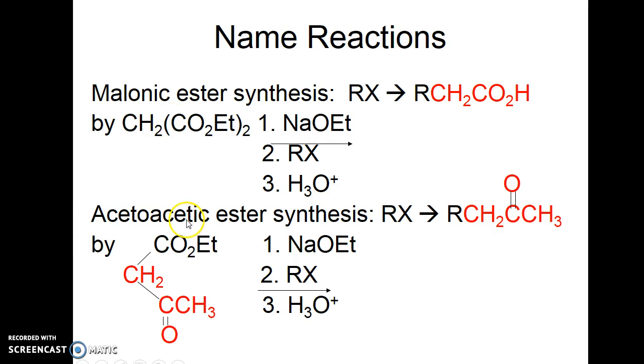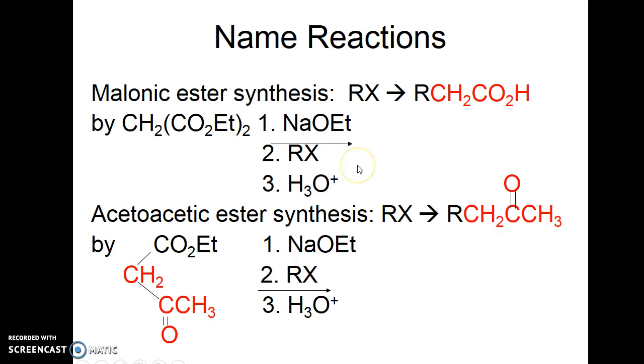The acetoacetic ester synthesis uses acetoacetic acid ester. If you look at this as being acetic acid, there is an aceto group on it, and that's where it gets its name. This can be used in synthesis by alkylating and then decarboxylating.